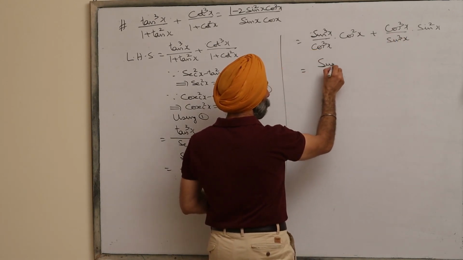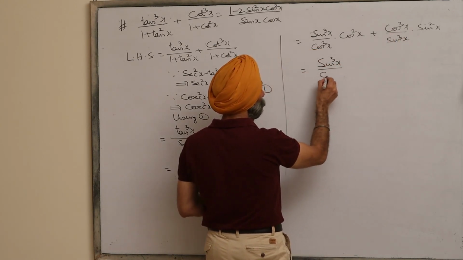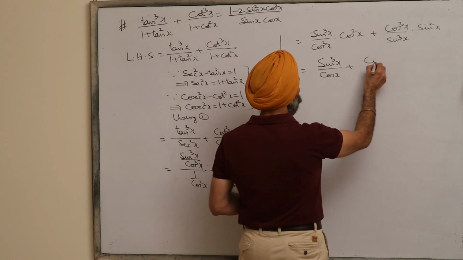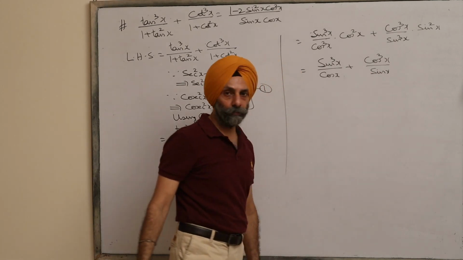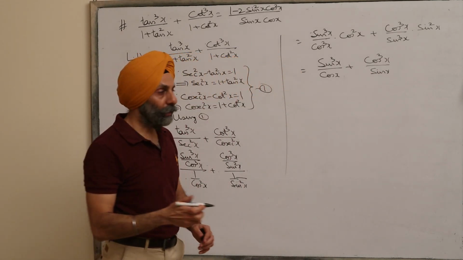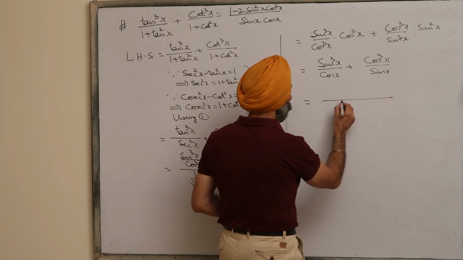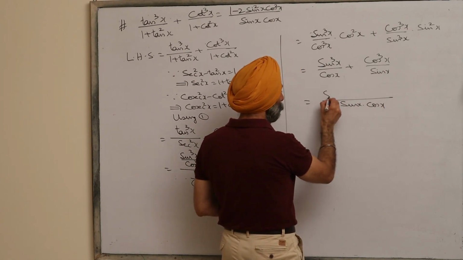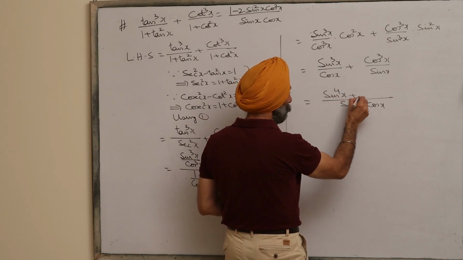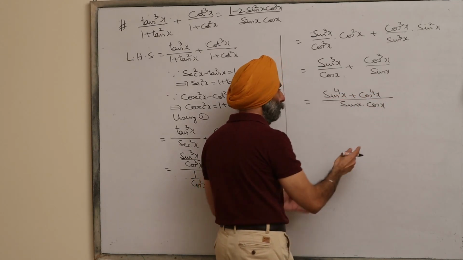So what is the remainder here? Sine cube x upon cos x plus cos cube x upon sine x. Again take the LCM. LCM is what? It is sine x into cos x. It comes out to be sine 4x plus cos 4x. So that's it.